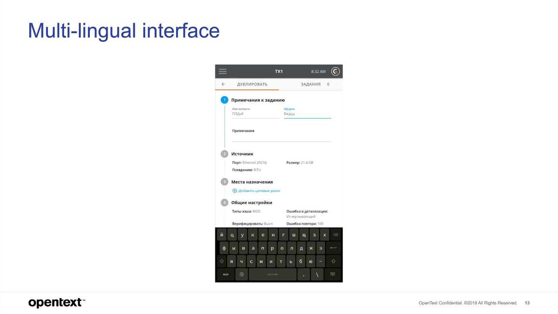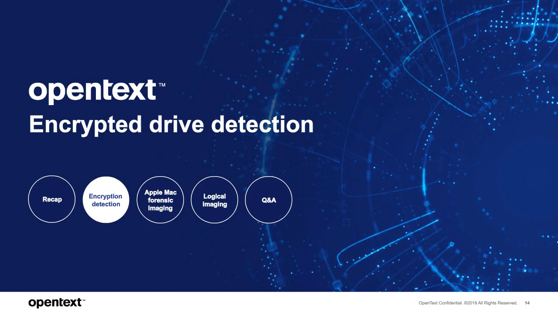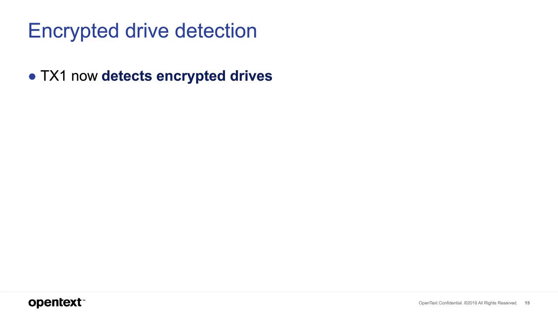So now let's get into some of the really cool new features, starting with encryption detection. Sometimes, when you're working on a case, you want to avoid imaging encrypted volumes, as the nature of that case means you'll have neither the time nor the resource to engage in brute force decryption.